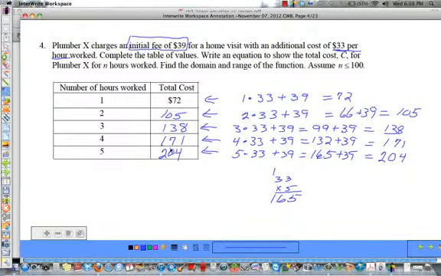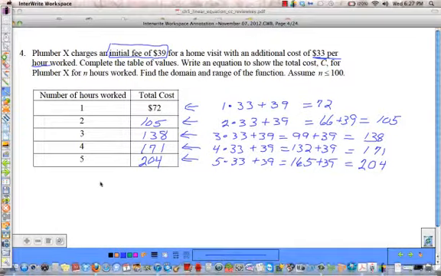Now we're going to look at the range and the domain, but according to the directions, it says n is less than or equal to 100, so we're looking from 0 hours to 100. So that's our domain. We write that as the domain n is less than or equal to 100.